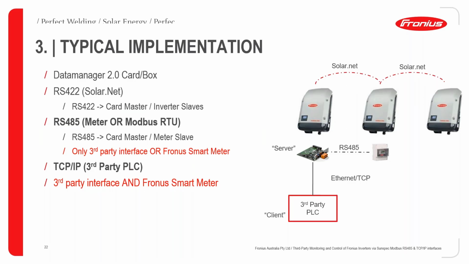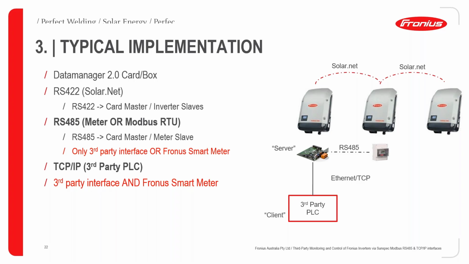So as we said previously, a data manager card or box is required for all interfacing. From our point of view, the card has 3 comms channels. So the SolNet loop, as you know, or RS485, so that's what we use to interface the data manager card or box to a meter, a Fronius meter, or TCP, LAN or WLAN, doesn't matter.